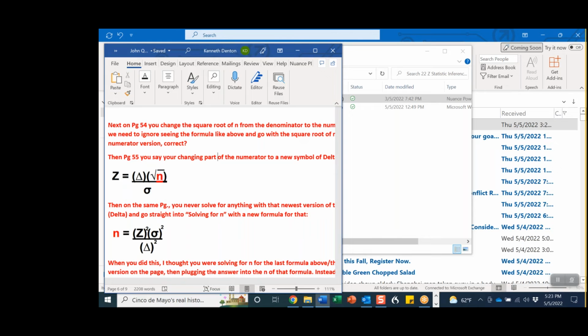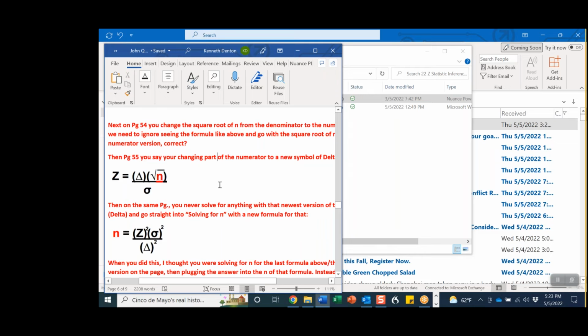Do you still see me? Yeah. I'm going to call that mu minus x bar, minus mu, whichever way I put it, I'm going to call that delta. Now you change it to delta. So I get that. I'm good with that.